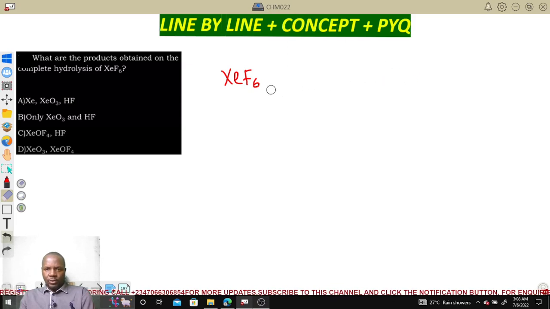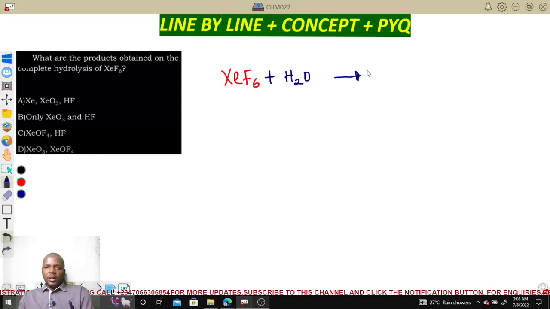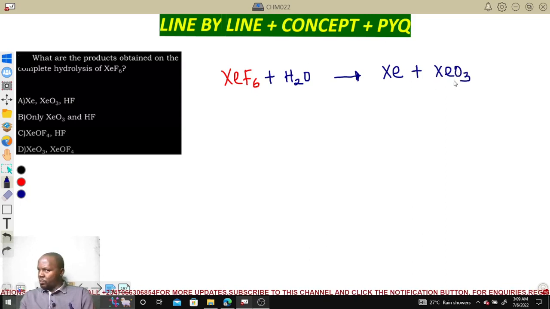So complete hydrolysis. Hydrolysis is adding of water, that we understand very well. So it depends on the amount of water I add to have complete hydrolysis. Complete hydrolysis will give me xenon plus XeO3. We say it is common to both XeF4 and XeF6.